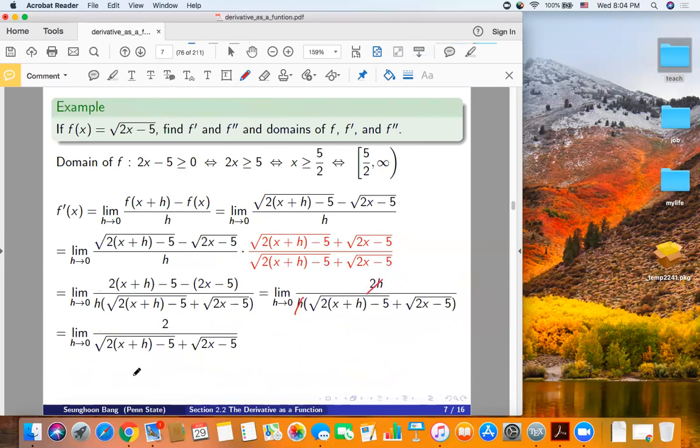So we have it. The next, you plug h equal to 0 into here. This is 0. What are the remaining things? 2 over the square root of x plus 0 is x. x times 2 is 2x minus 5. Bottom one more, square root of 2x minus 5.